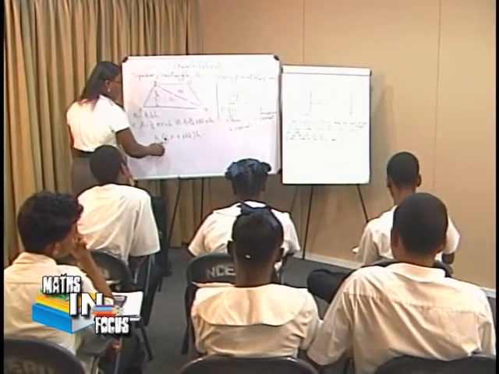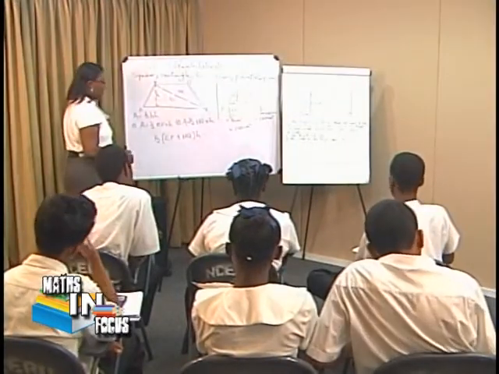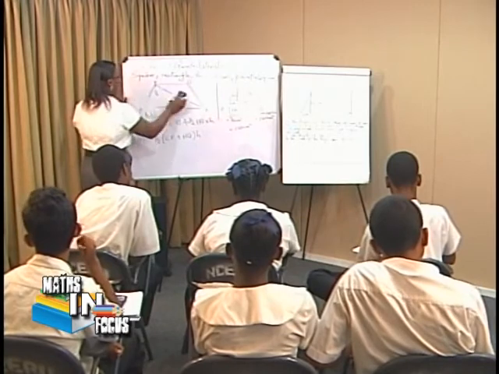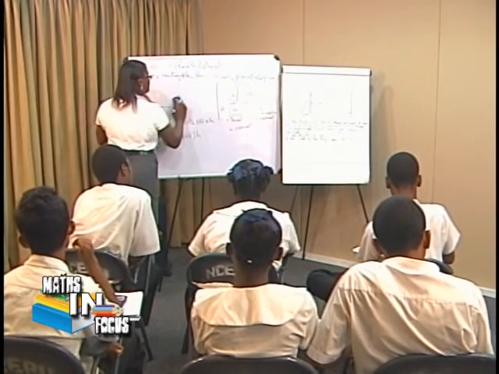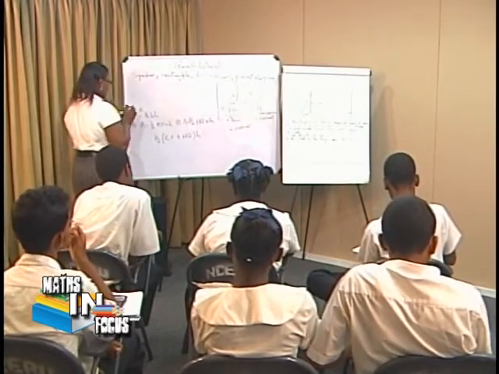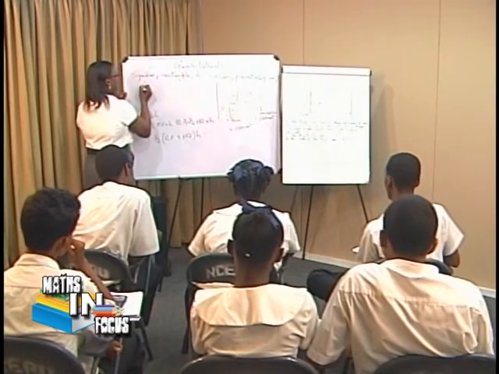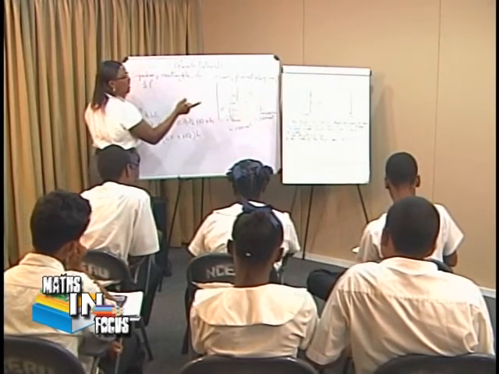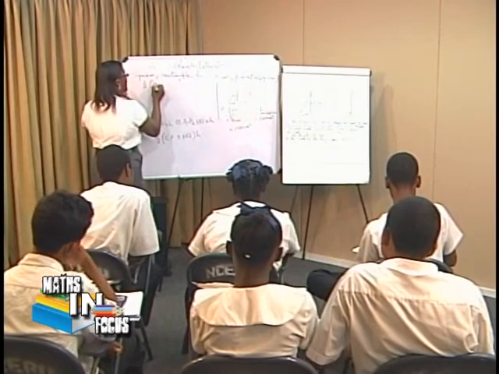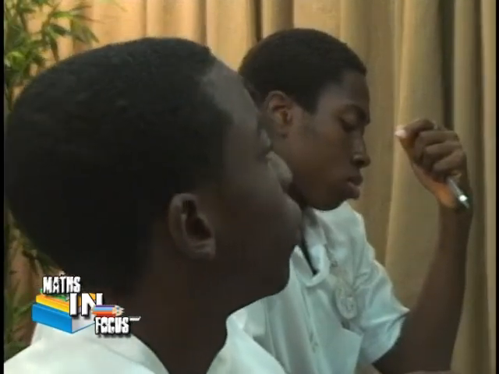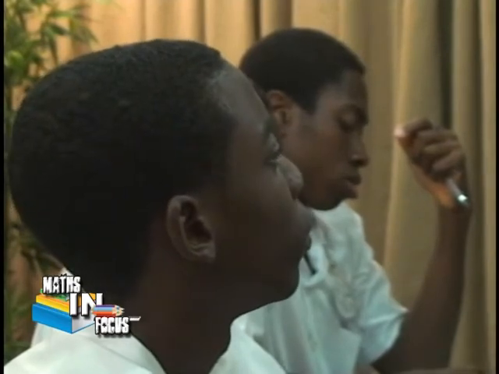Now let us try this formula here. So it's half. Now let us call the two parallel sides A and B, and we multiply by H. Let us call A 10.